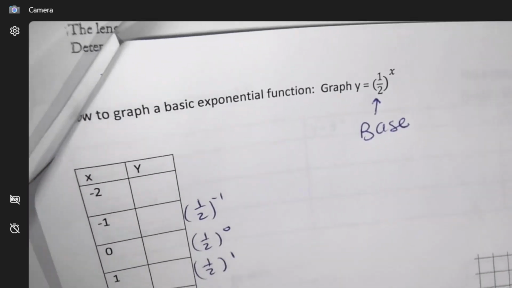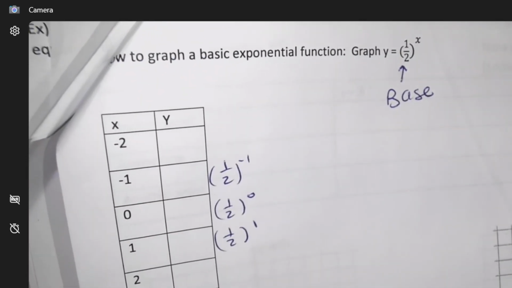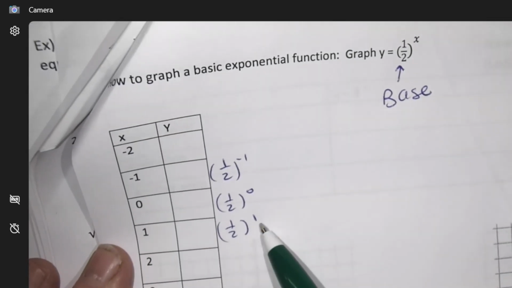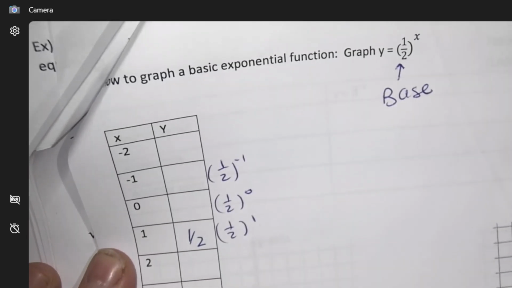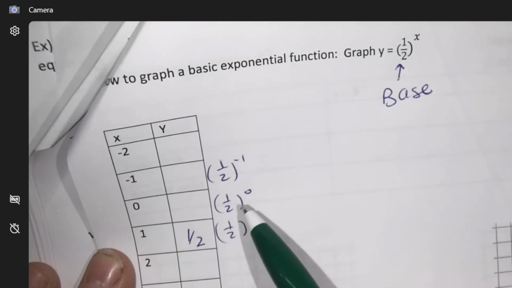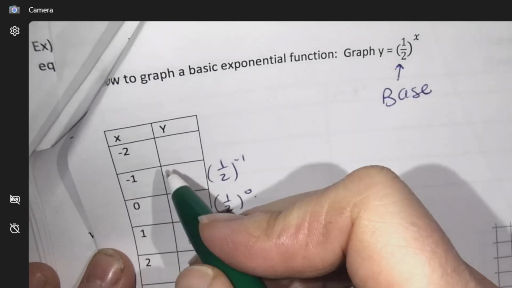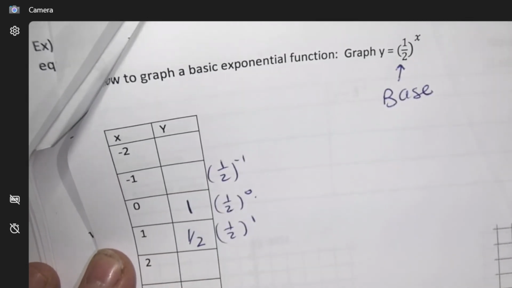I'm going to go 1/2 to the -1, 1/2 to the 0, 1/2 to the 1. Kind of do my foundation. Those are the 3 points I always pick. Okay, so anything to the 1 is just itself. Anything to the 0 is 1.